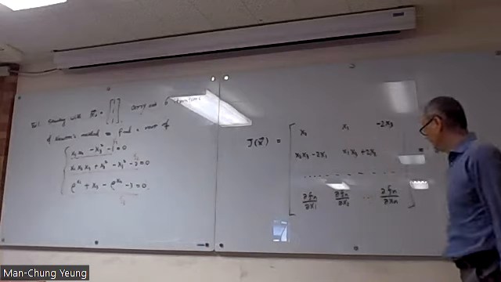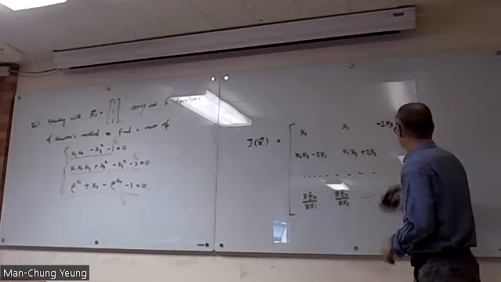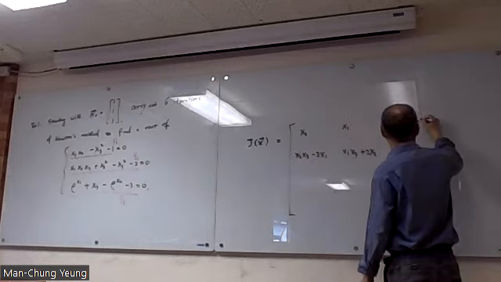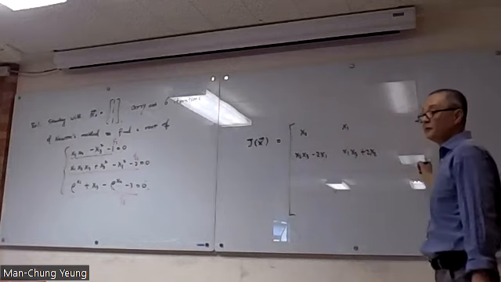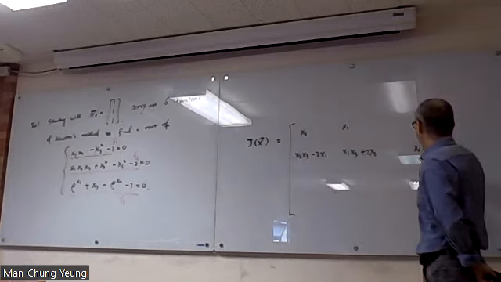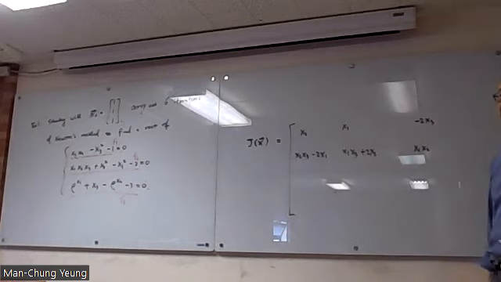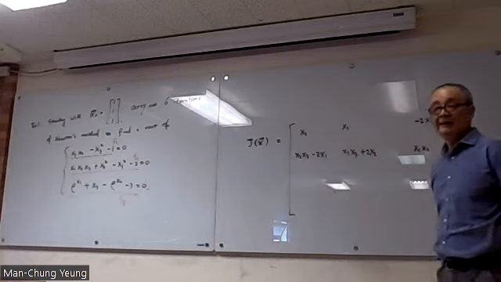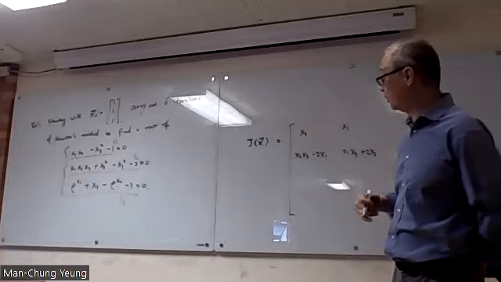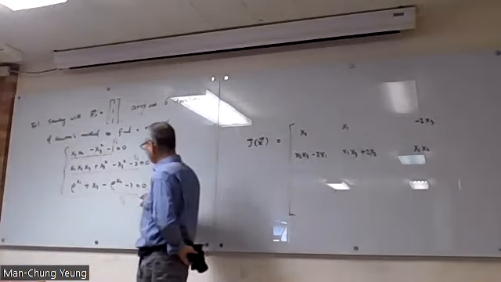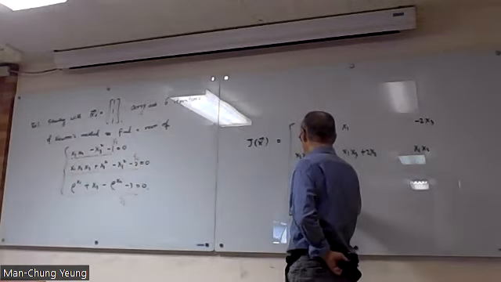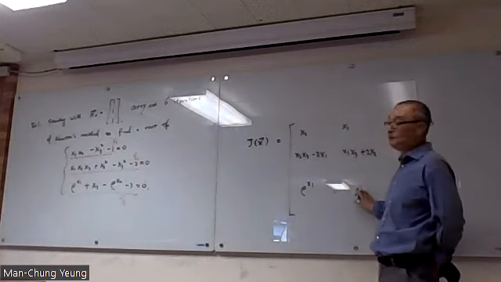Now f2 with respect to x3: x1 x2. Row 3, the derivatives of the third function: with respect to x1, e^x1.